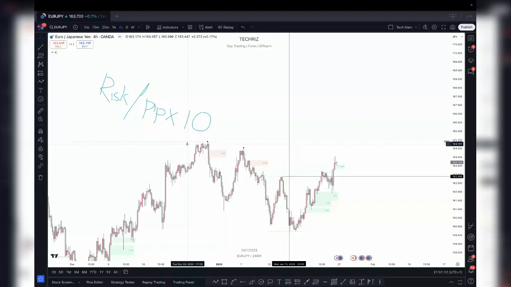Prop firms have what we call a daily drawdown and a total drawdown. A daily drawdown is an amount you're not allowed to lose in a day. If you lose that amount, you have breached the account. It means you've lost the account.